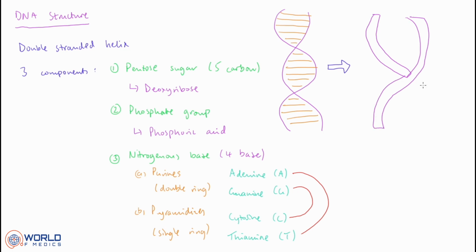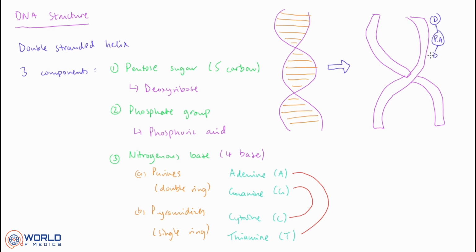And this is a very basic diagram, but we're just drawing it to illustrate our point and to demonstrate the structure of DNA. So what you have is each strand has a backbone of 2 of these 3 components, and these are your pentose sugar, so a deoxyribose, and your phosphoric acid, so your phosphate group.